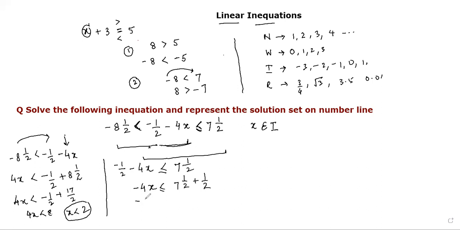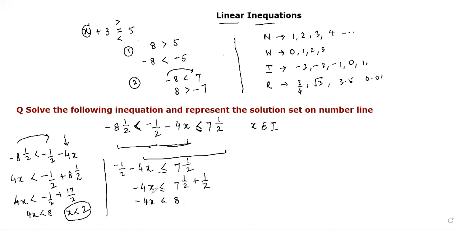All right, so minus 4x, now this is basic maths, is less than equal to, this is 15 upon 2 plus half, 16 upon 2, which is 8.